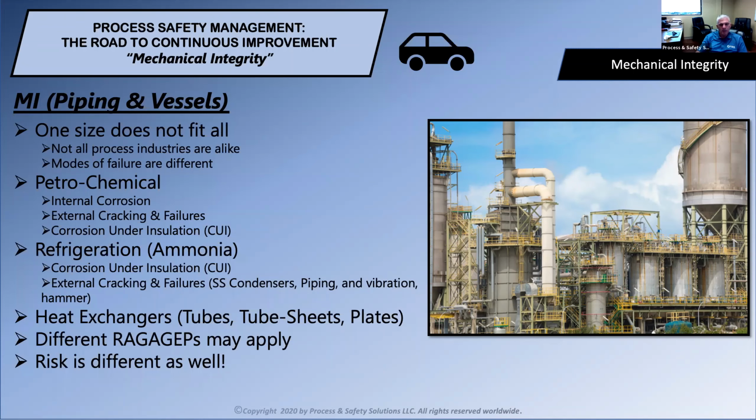Oftentimes I will get told, well, why do we want to inspect those tubes? Really we're trying to keep material from getting outside and having a loss of containment to the atmosphere. Well, we know that that's not always the case. A lot of times we can actually look at a facility's PHA, and within their PHA they address tube failures, and hopefully they've addressed tube failures or tube sheet failures or internal failures of heat exchangers.